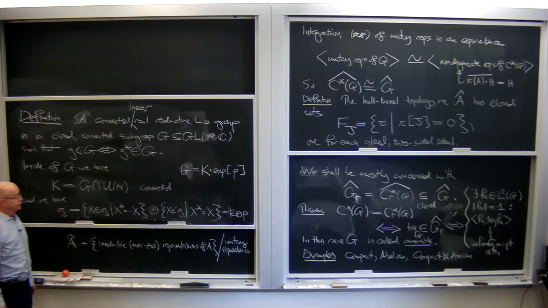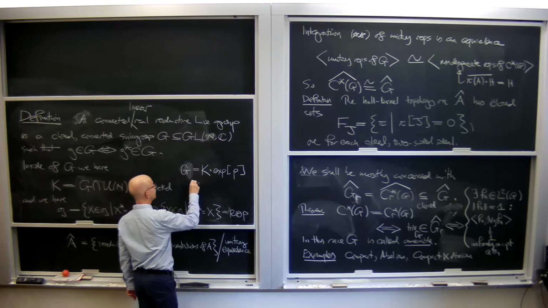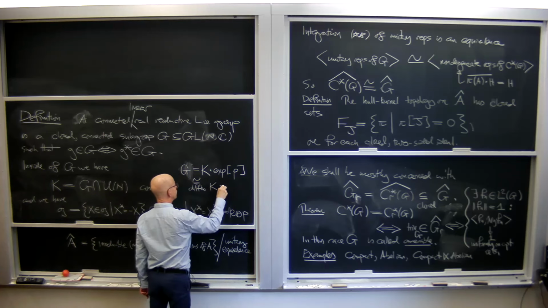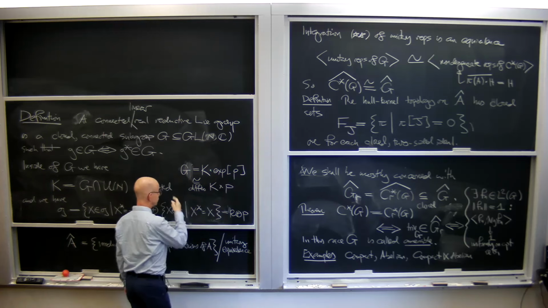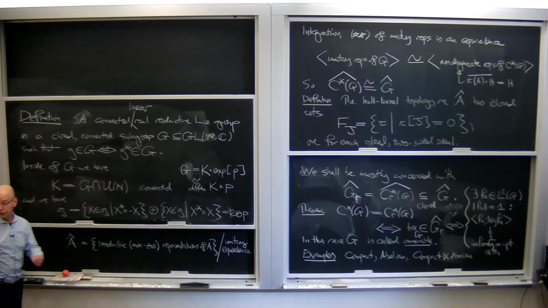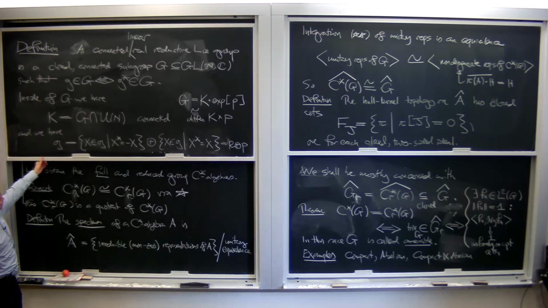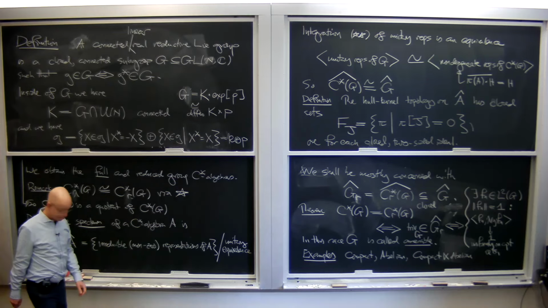And in this way, the group is diffeomorphic to K times P. Not isomorphic as a group, but diffeomorphic. So these groups are quite easy to understand as topological spaces, as K-spaces for that matter. K plays, in short, a prominent role in understanding these groups.